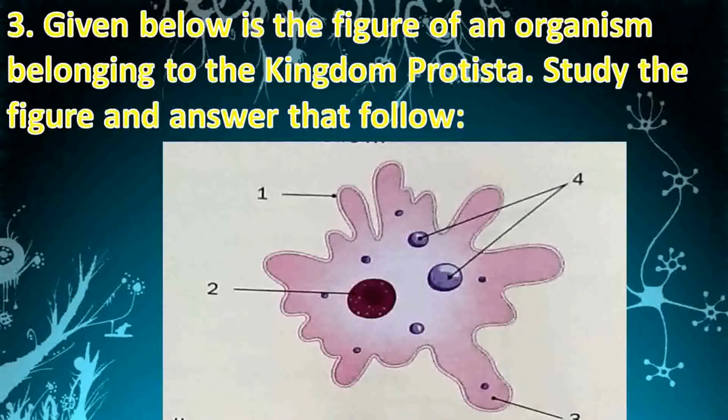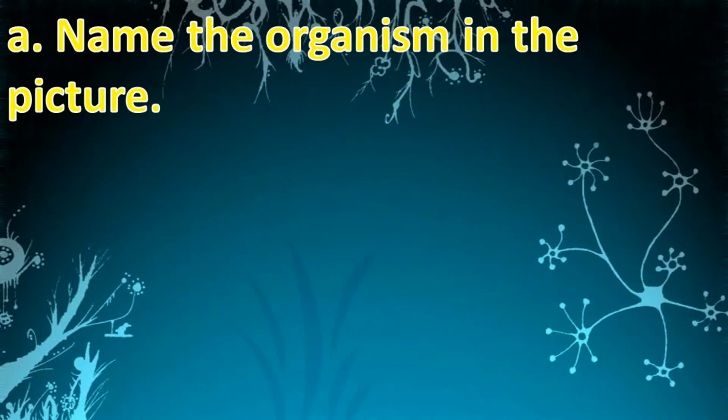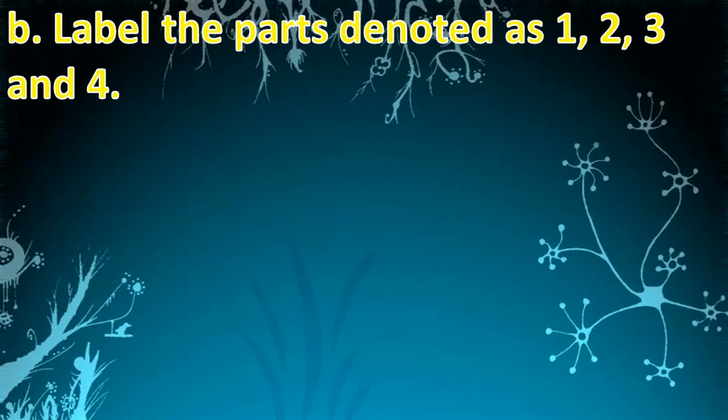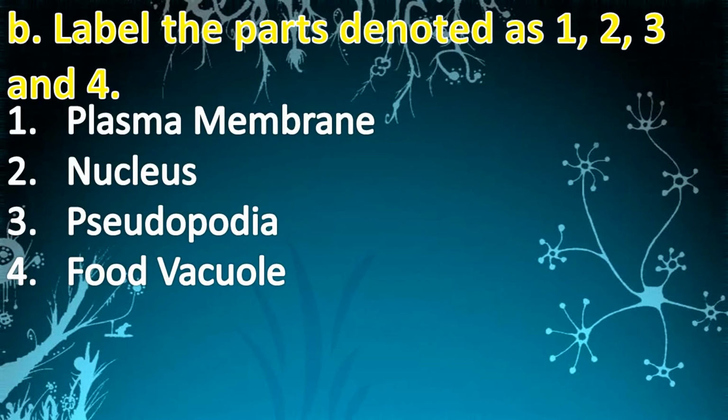Next question. Given below is the figure of an organism belonging to the Kingdom Protista. Study the figure and answer the questions that follow. Name the organism in the picture. Answer is: the organism in the picture is Amoeba. Next question. Label the parts denoted as 1, 2, 3 and 4. 1. Plasma membrane. 2. Nucleus. 3.